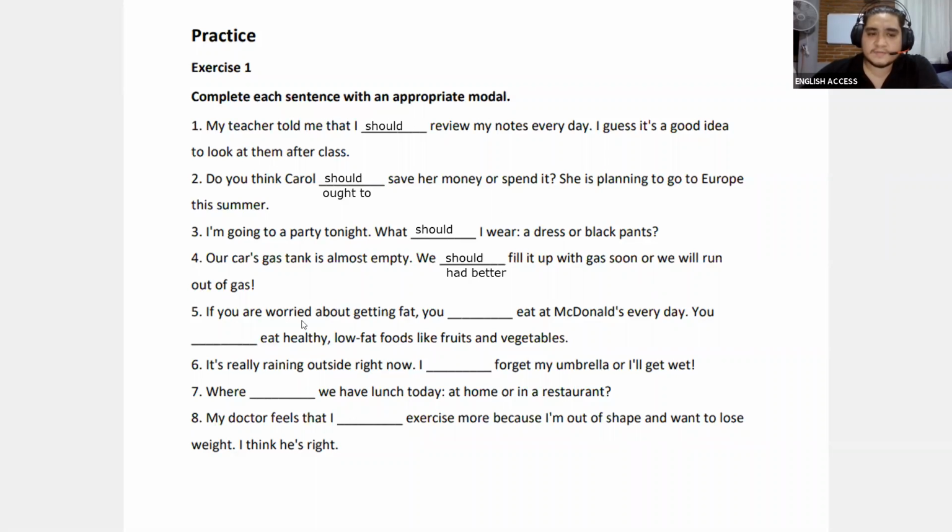Number five, Gina. If you are worried about getting fat, you shouldn't eat McDonald's every day. You had better eat healthy, low fat foods like fruits and vegetables. Okay, you shouldn't eat at McDonald's every day.